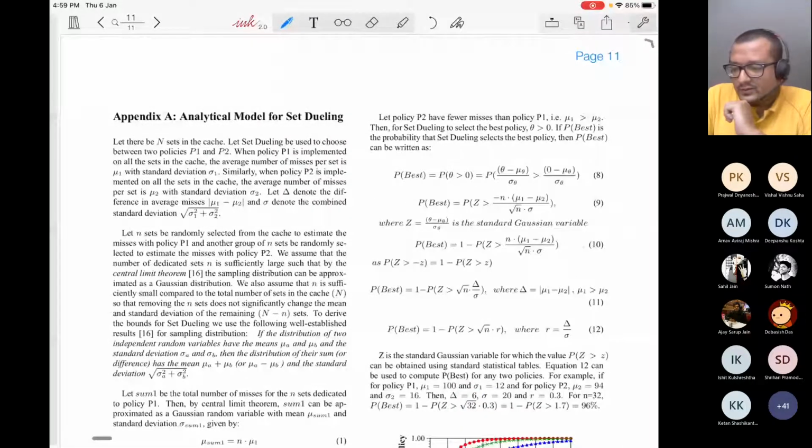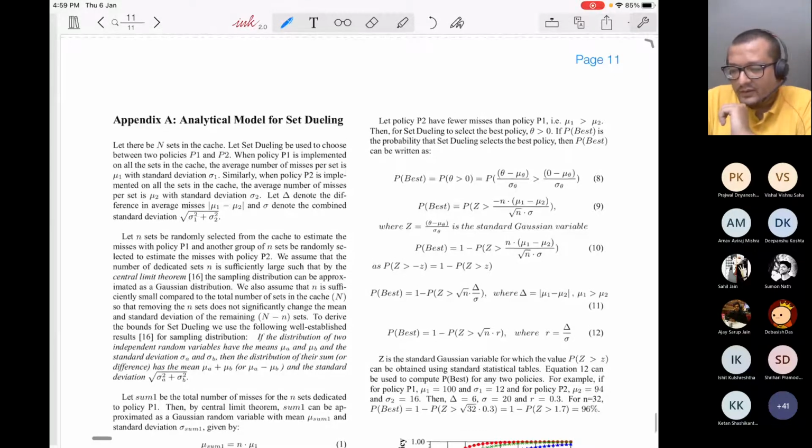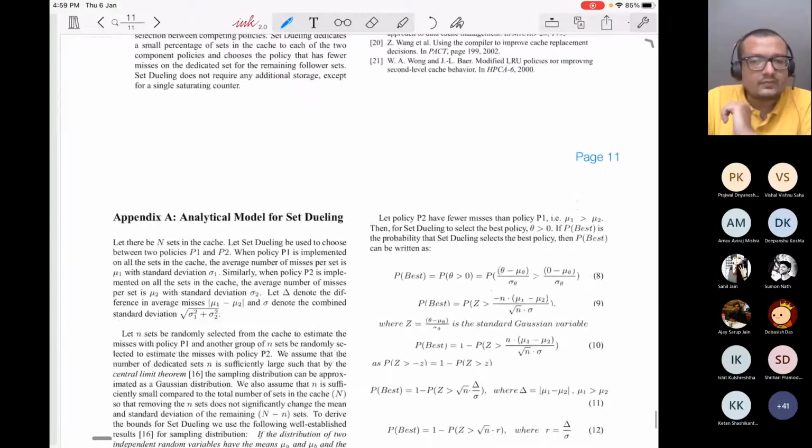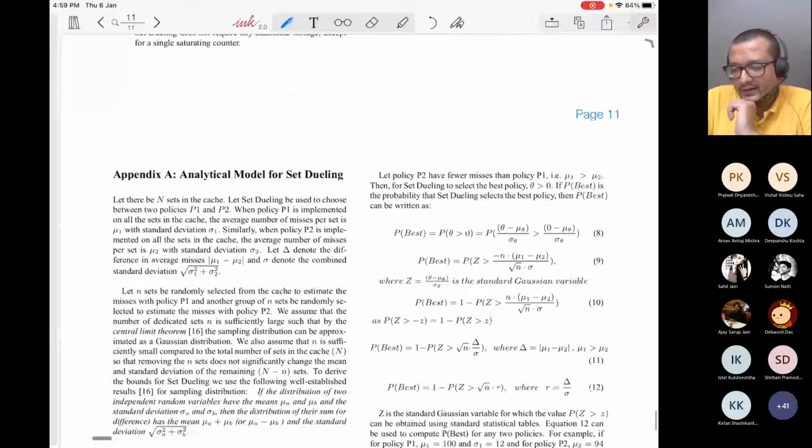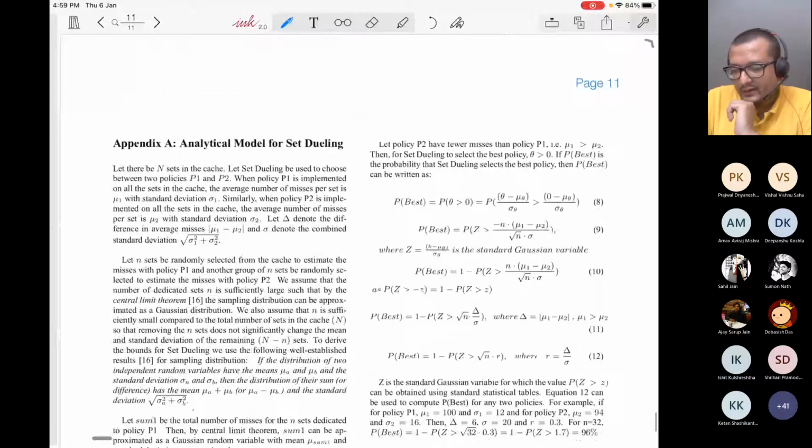This is one of the outlier papers where you will find equations in an architecture paper. Usually you won't find equations. It's not a theory paper, but this paper has some analytical claim along with the empirical claim that this is good enough. So either you look at the empirical analysis, or if you are not satisfied with that, you go for this one.